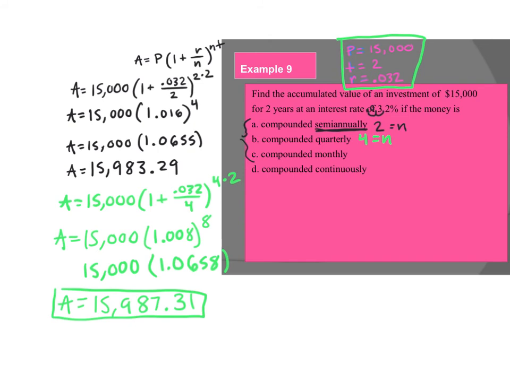All right, so now we have compounded monthly. Well, what would N be for monthly? 12. There's 12 months in a year. So now we plug in 12 for N. So we have A is equal to 15,000 times 1 plus 0.032 over 12 raised to the power of 12 times 2.